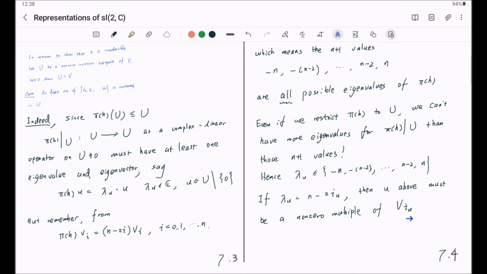This is because the eigenspace for the eigenvalue lambda_u, which is n minus 2i_u, can only be one-dimensional.